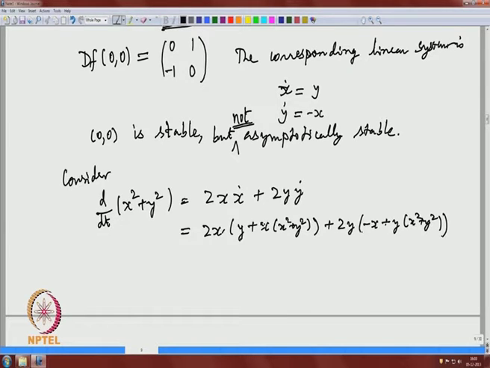Okay. So, you simplify the algebra, you get x square plus y square whole square.